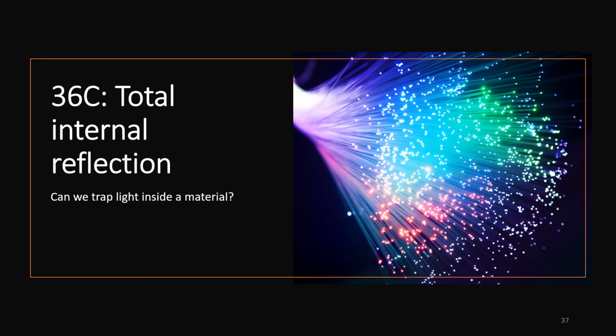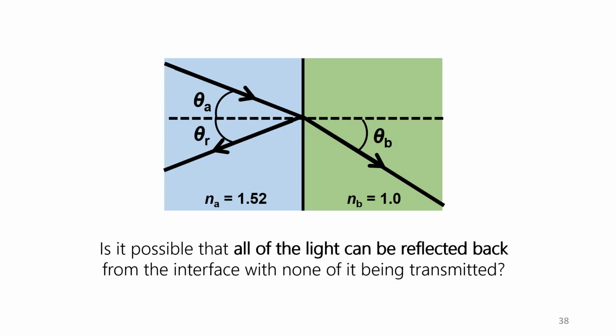We finally reach the last part of the lecture, which discusses the phenomenon of trapping light inside a material via total internal reflection. From the previous section, we know that light rays striking the boundary of two different materials get split to a reflected wave and a transmitted or refracted wave. The angle of the refracted ray depends on both the angle of incidence as well as the refractive indices of both materials involved.